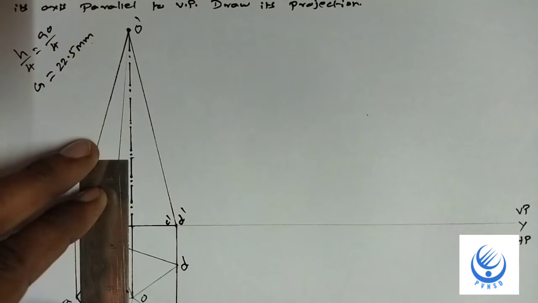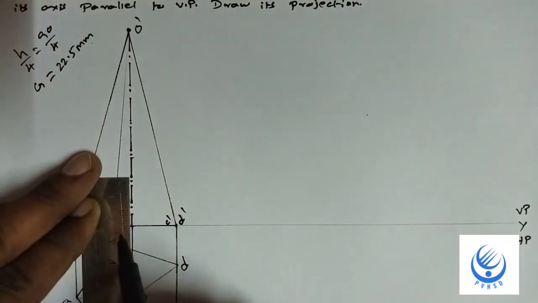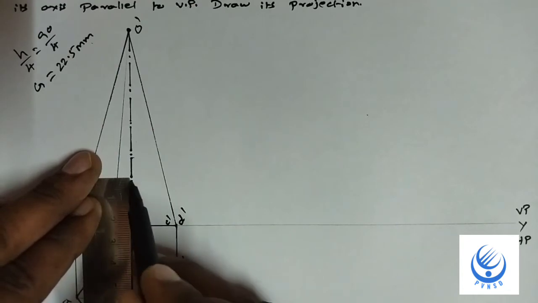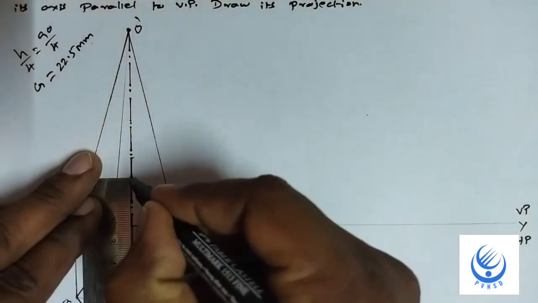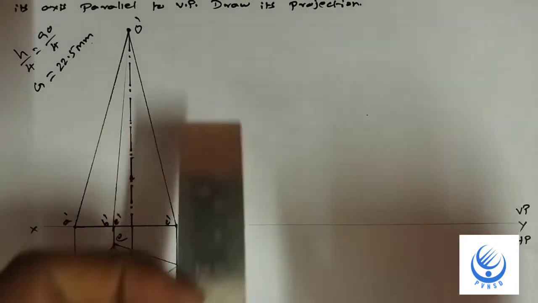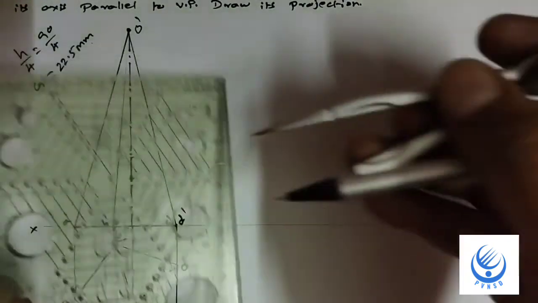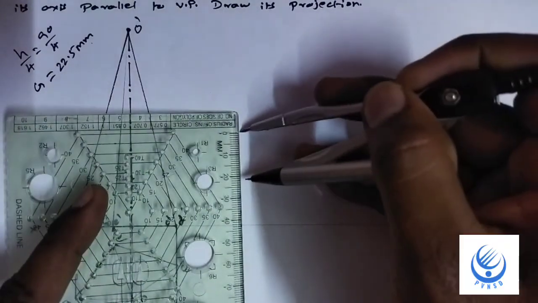Take the center axis line, 22.5 mm. This is the point. Otherwise, take a compass to measure the distance 22.5.